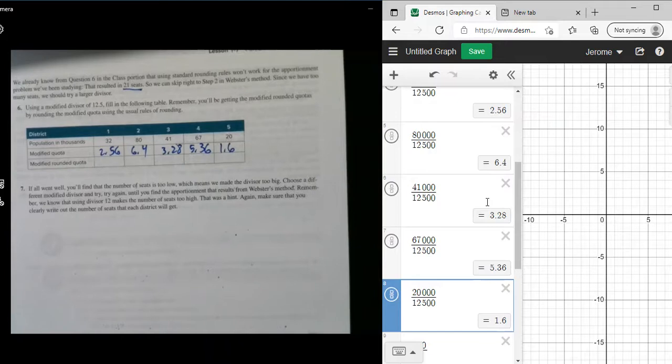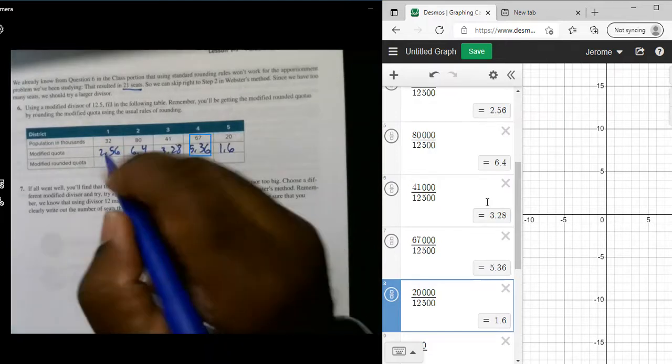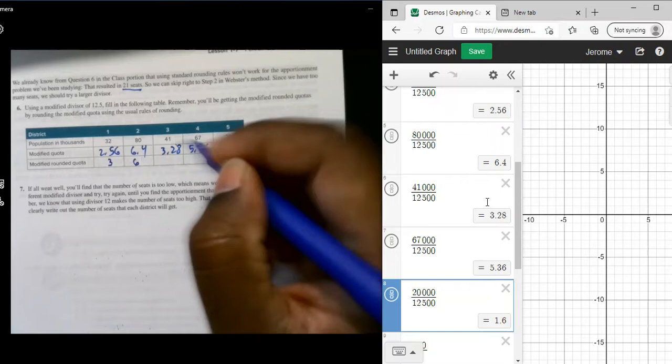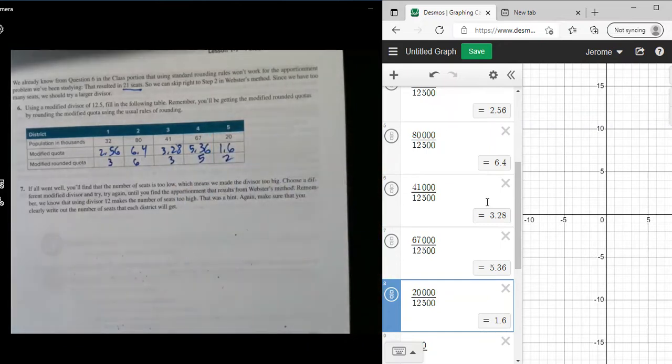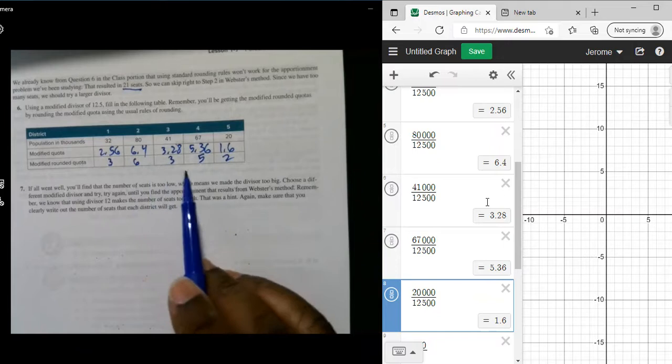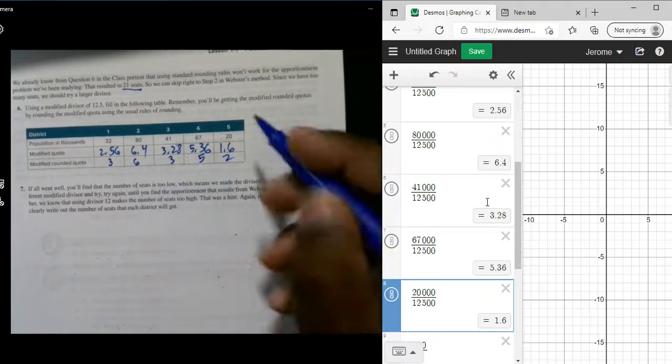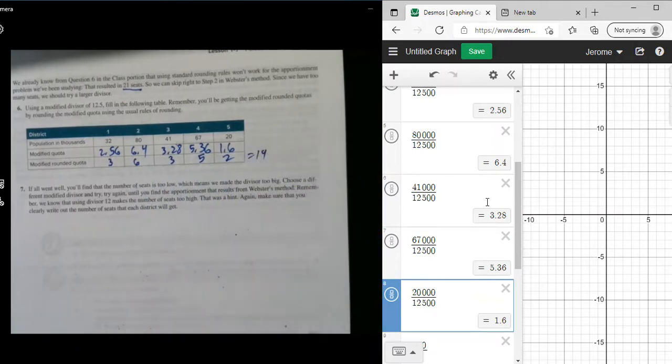Now, they want modified rounded quota. So this would be 3, 6, 3, 5, and 2. And when we add all this together, this will equal 19. So we used a little bit of too high of a number. So we're going to go down a little bit.